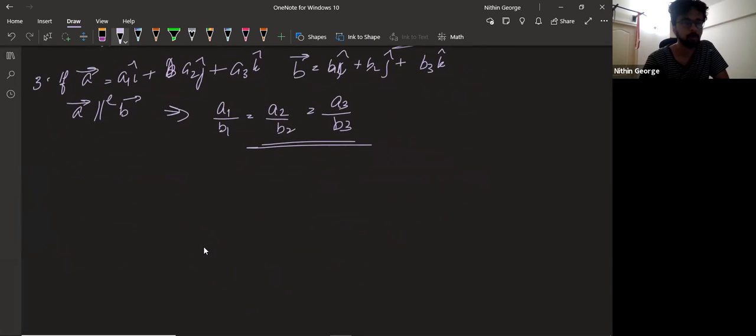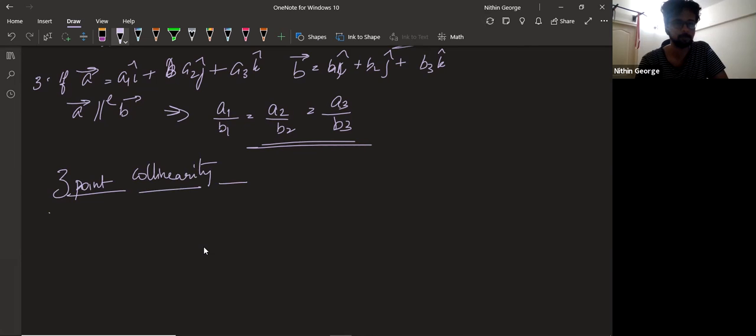Now, 3-point collinearity. Before, we did 2 vectors.